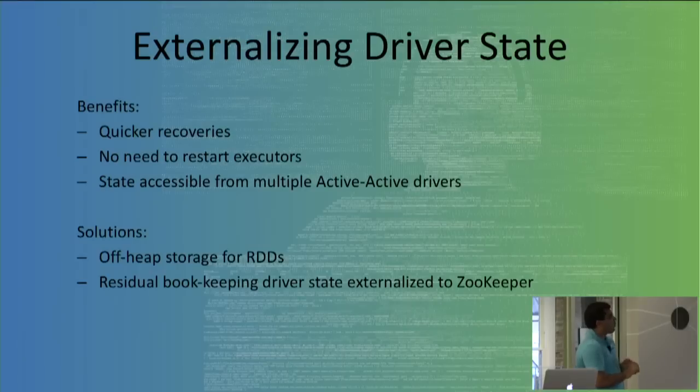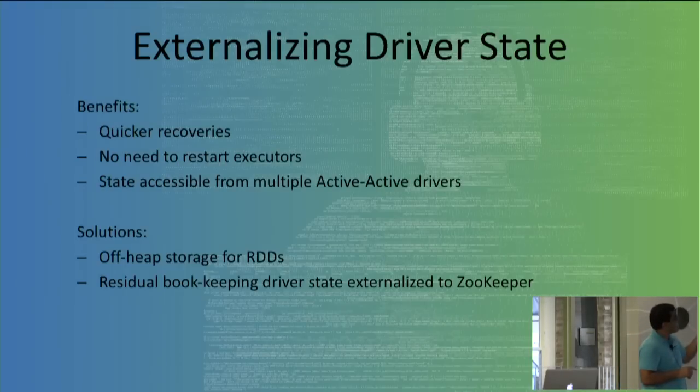Now, I said let's magically solve this, so what are some real solutions that are available for this? One of the solutions that partially solves this is off-heap storage of RDDs itself, something like, say, Tachyon, but that is only limited to storing the RDDs themselves, so it only stores the data. There's no other state being held there.